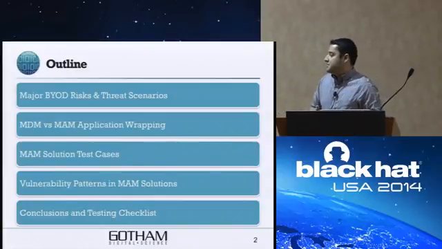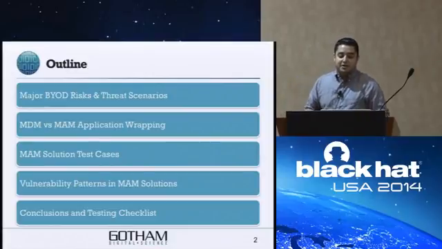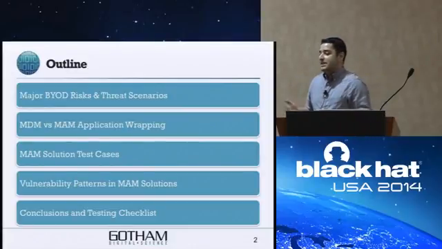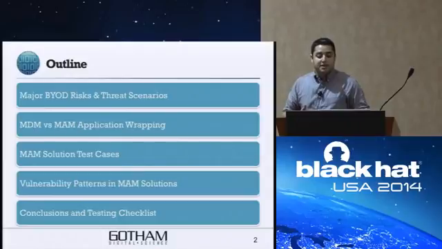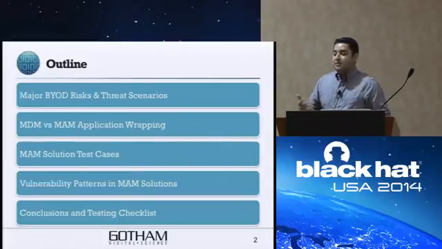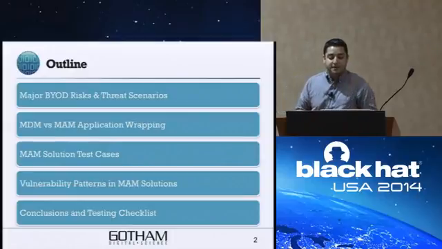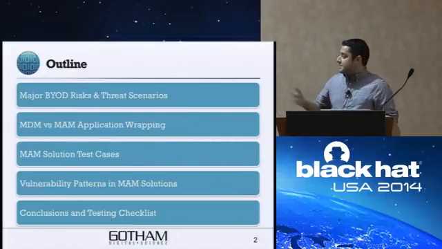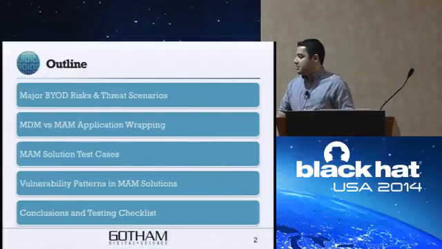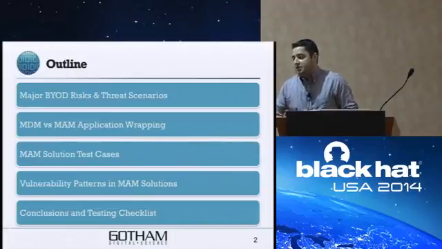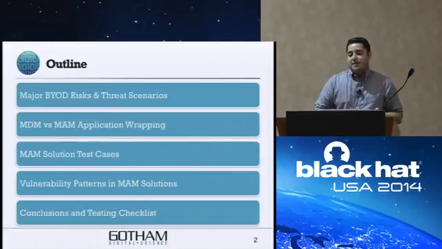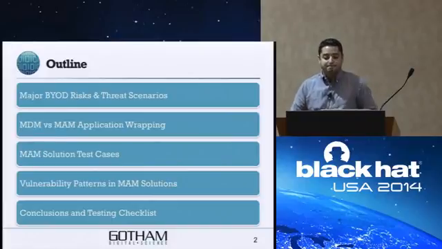Then we'll get into some of the more technical stuff, talk about test cases we did during our research, and dive into common vulnerability patterns we found with different solutions out there. Lastly, we'll do a conclusion and talk about a testing checklist that we can all use to help make these products more secure in the long run.